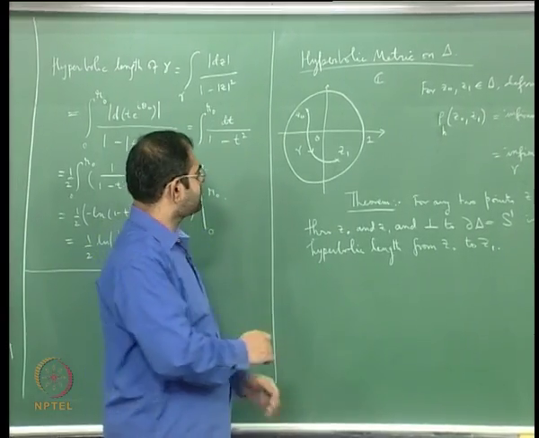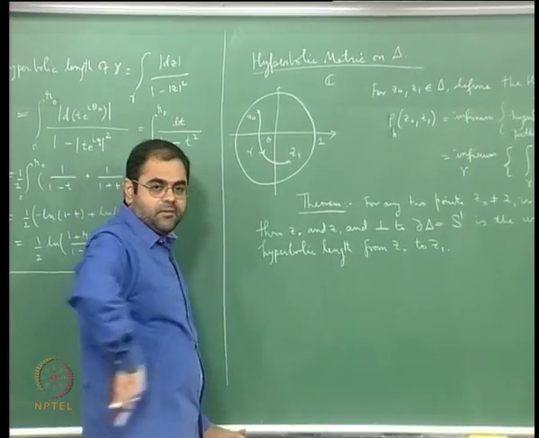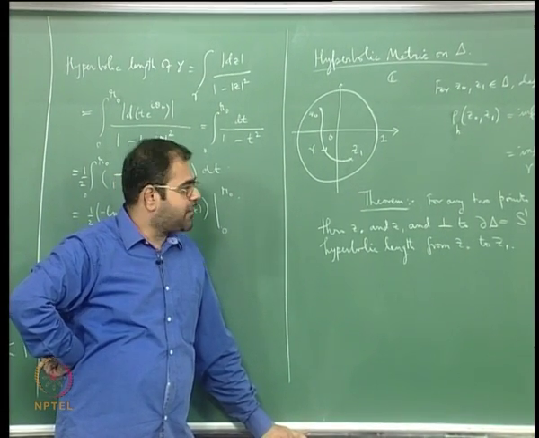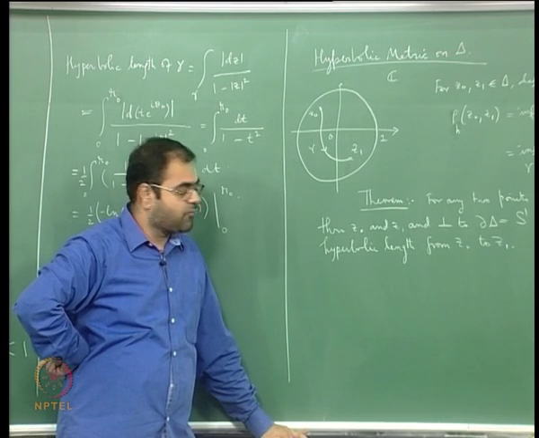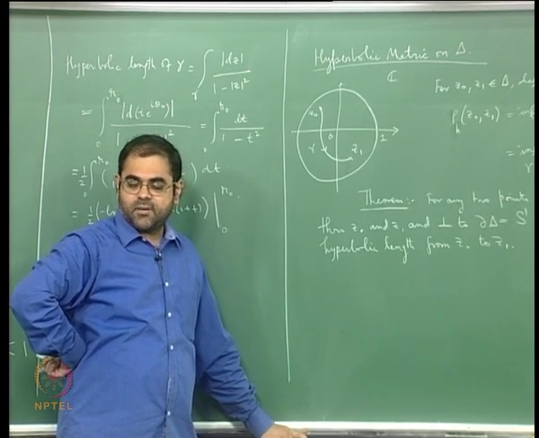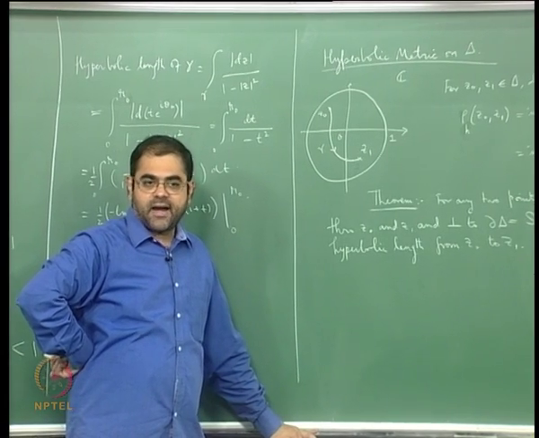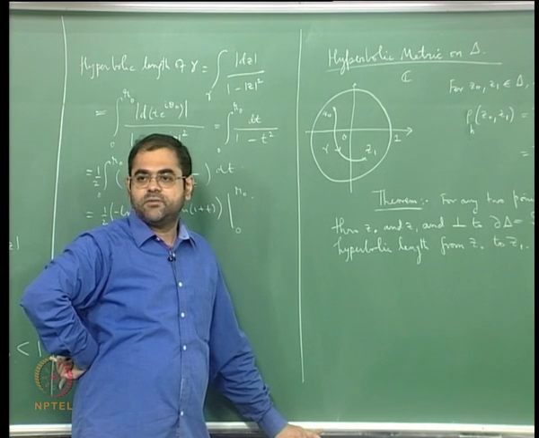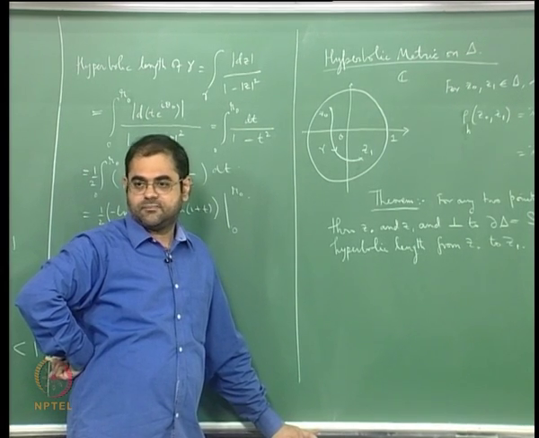It tells you what that path of minimum hyperbolic length is: it is nothing but the arc of a circle passing through these 2 points and orthogonal to the unit circle, namely where it hits the unit circle, it will hit at 90 degrees.